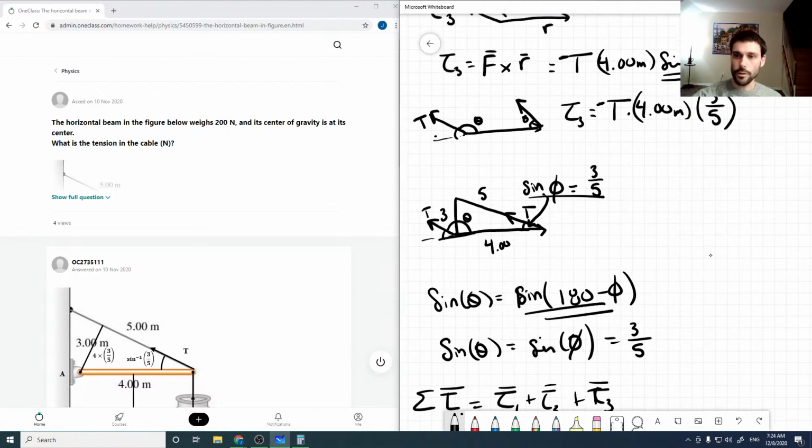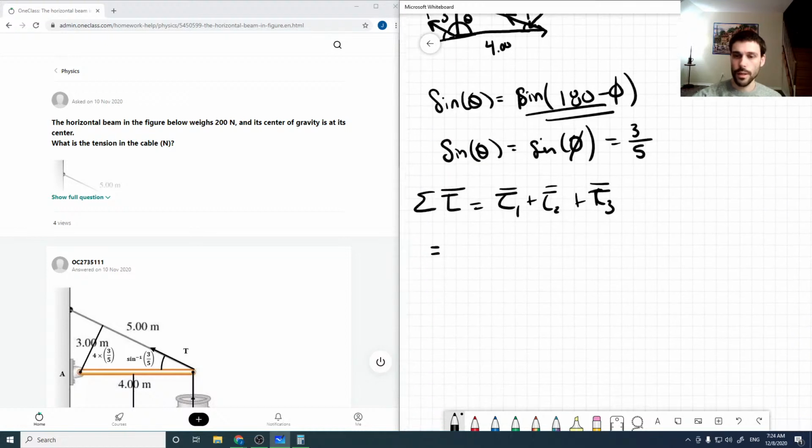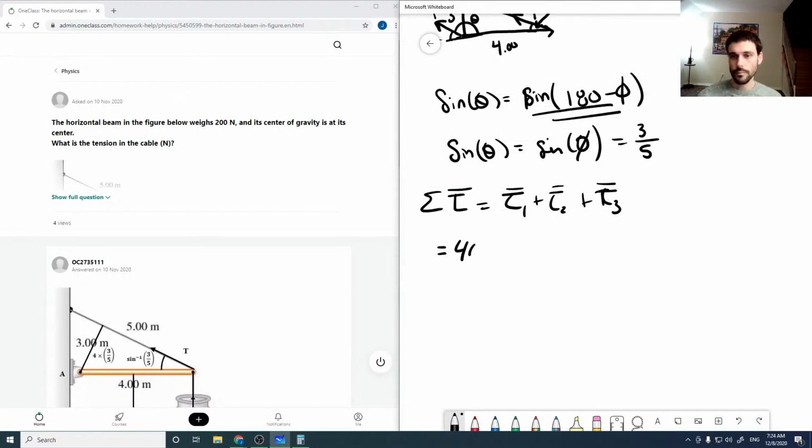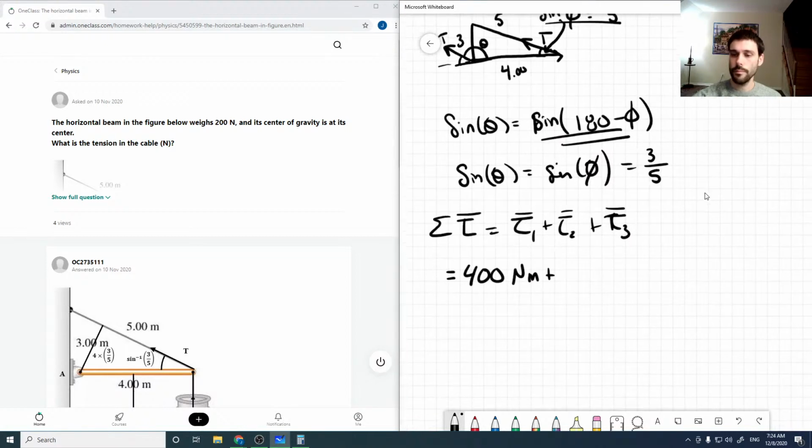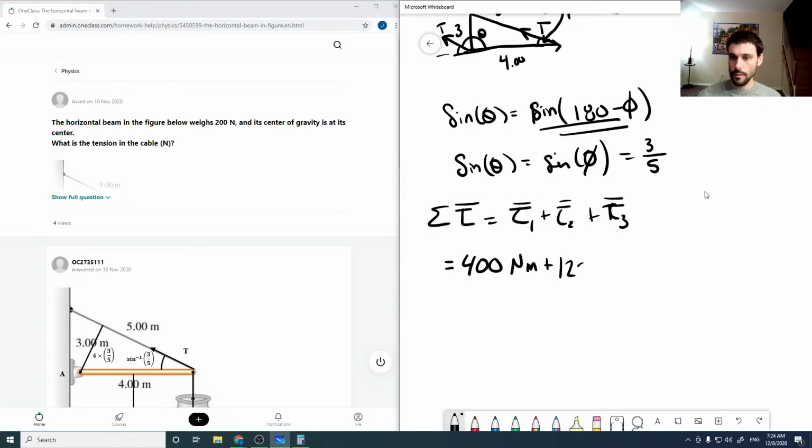So our first torque was positive, which was 400 Newton meters. Our second torque was also positive and was 1200 Newton meters. And our third torque was negative and was equal to the tension times 4 meters times 3 over 5. And then that all equals 0. That shouldn't have been a tau, but a T, because that's our tension.